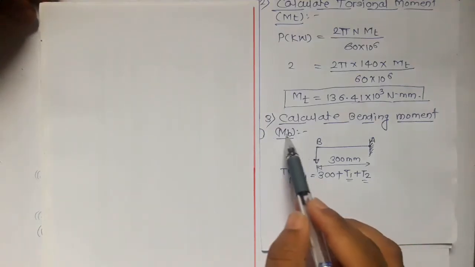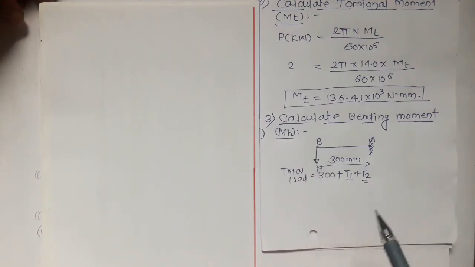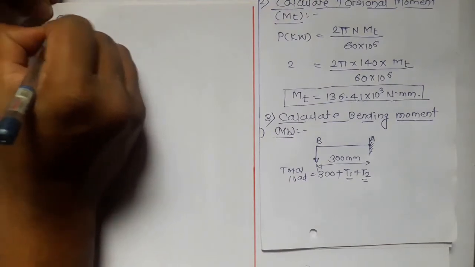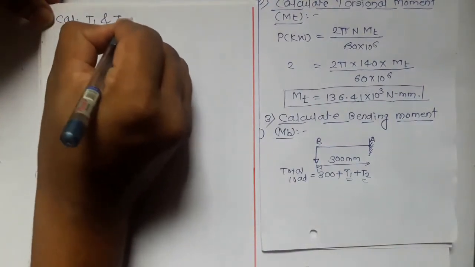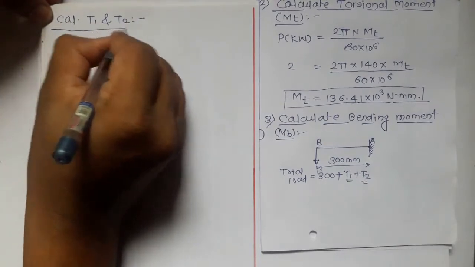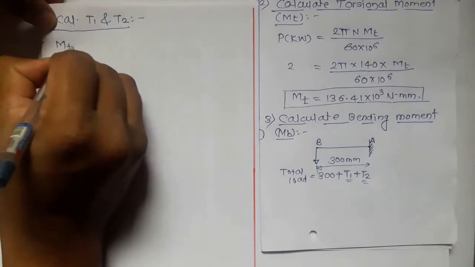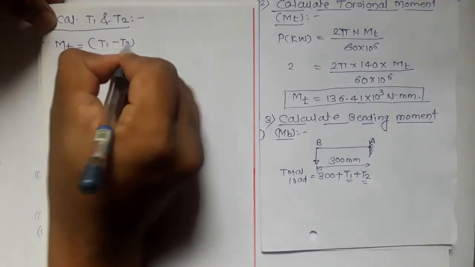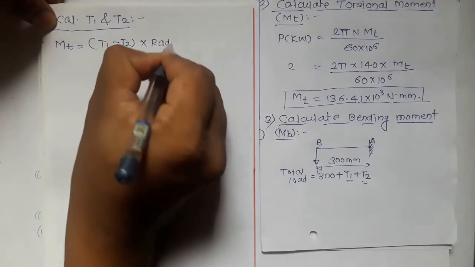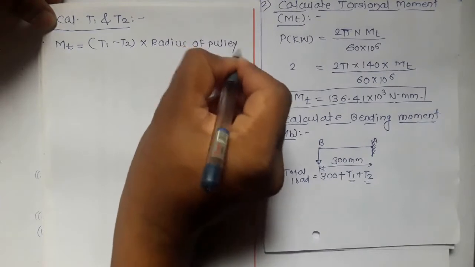In order to find this bending moment, we must know the total load, but it is unknown because T1 and T2 are unknown. So now let us calculate T1 and T2, that is the tension on the tight side and the tension on the slack side of the belt. We know there are two equations to find T1 and T2. The first equation is MT is equal to T1 minus T2 into the radius of the pulley.